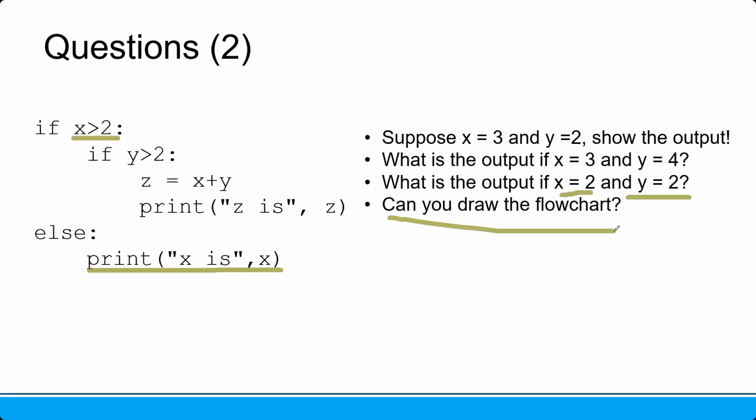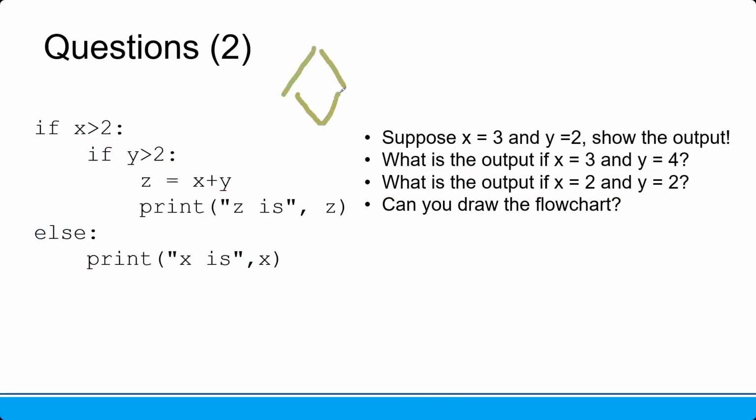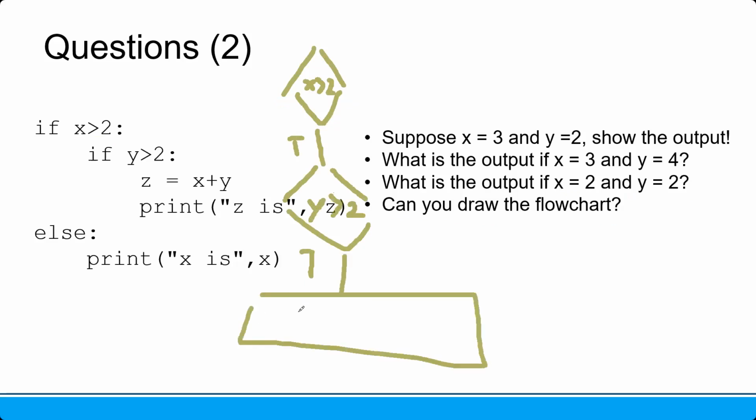So how about the flowchart? The flowchart will be, again, if we have the condition x is higher than 2. If it is true, then we will check if y is higher than 2. If it is true, then we have z equals x plus y, and then print z.